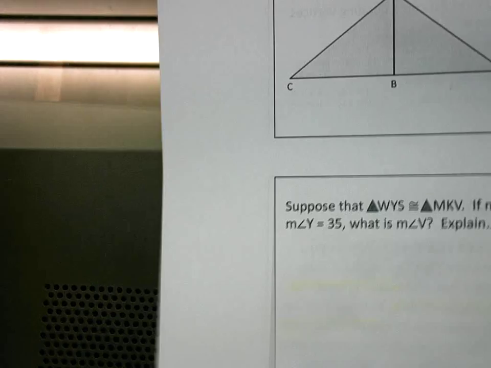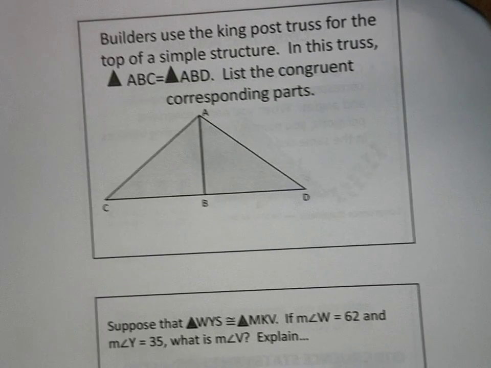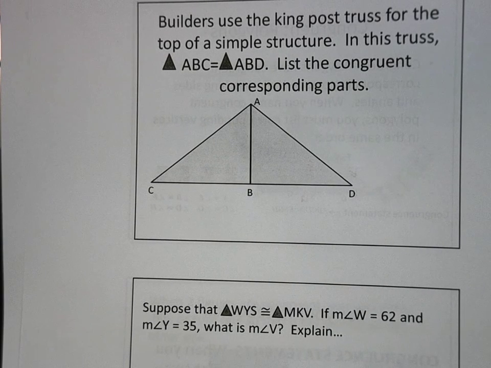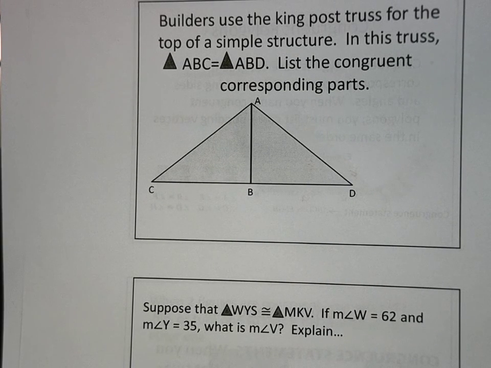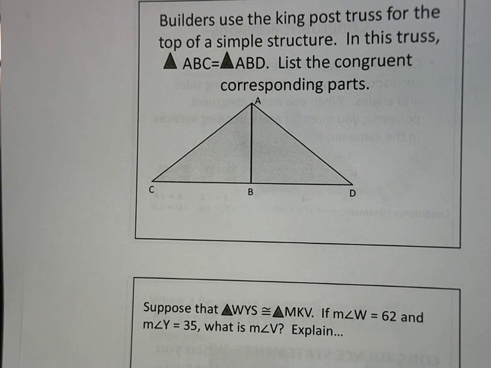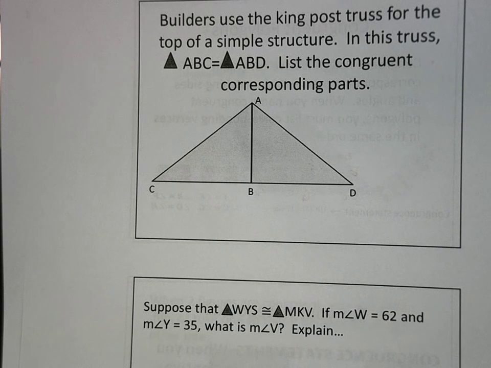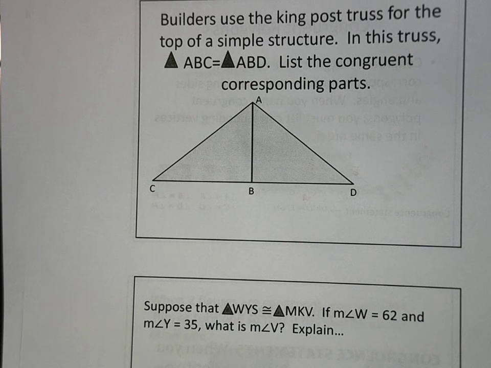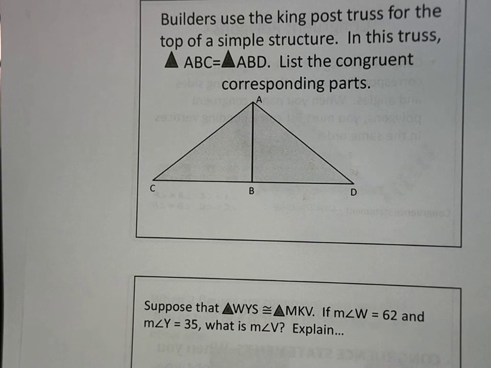Okay, you're going to turn your page to page 122. We do not have time to go through every single example that you have in your book. So if you go down, do you see where this is? Practice number 1. Builders use the king post truss for the top of a simple structure.